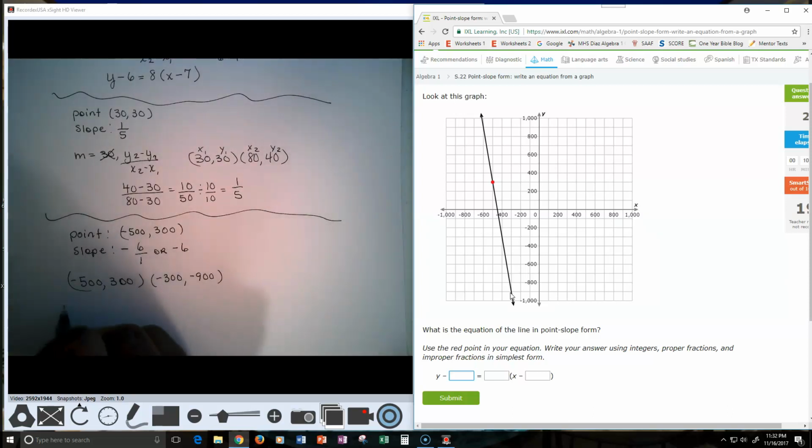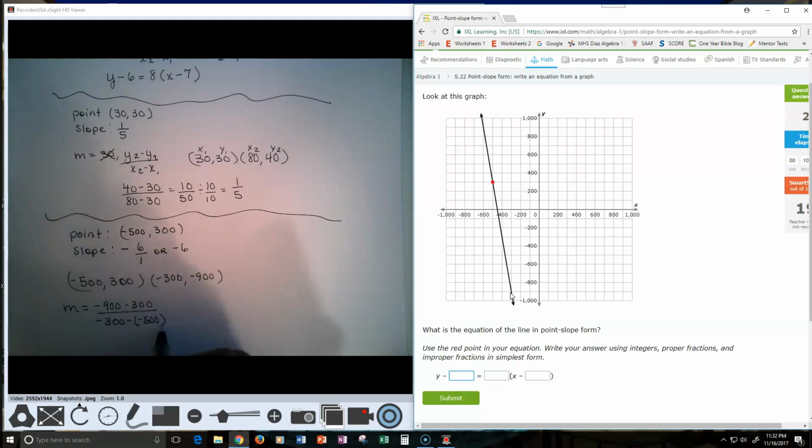So I'm going to do slope is equal to negative 900 minus 300, and then negative 300 minus negative 500. So that would be negative 1200. Negative 900 minus 300 is negative 1200. And then this time it would be negative 300 minus a negative. So we have a double negative. That becomes plus. So negative 300 plus 500 is 200.